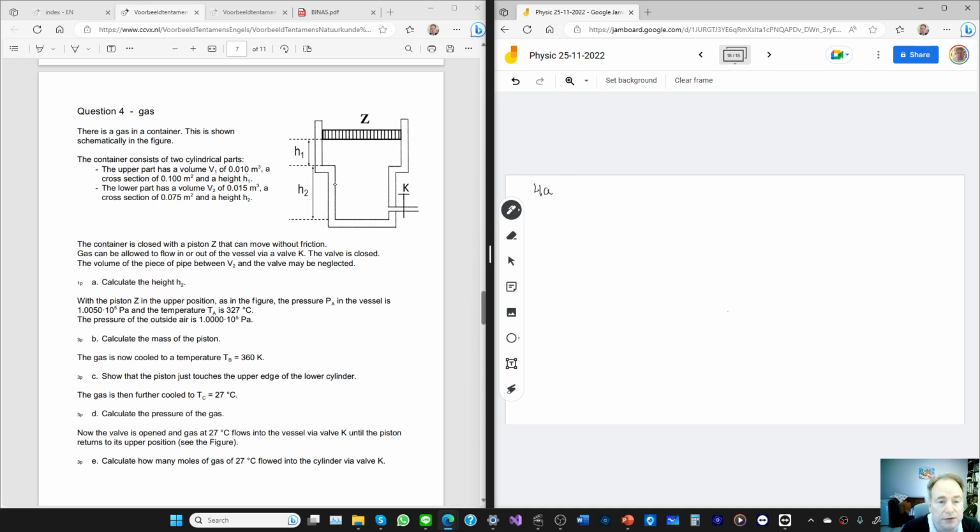Well, the volume 2 is equal to the height 2 times the cross-sectional area, say area 2.